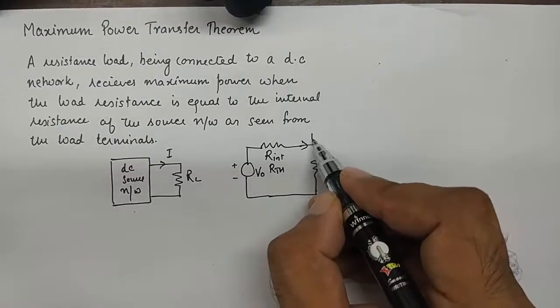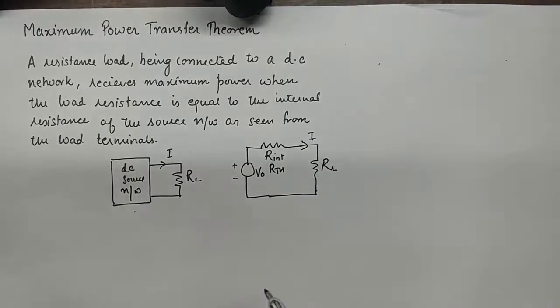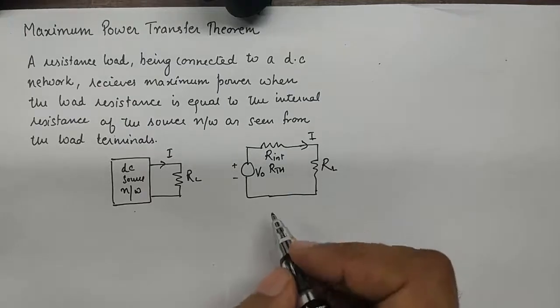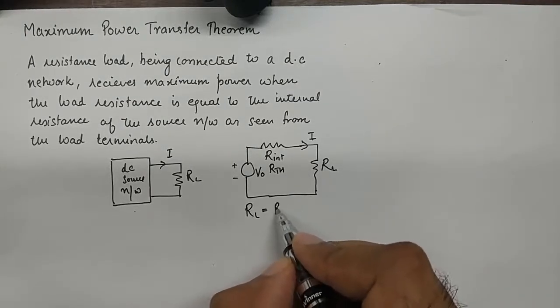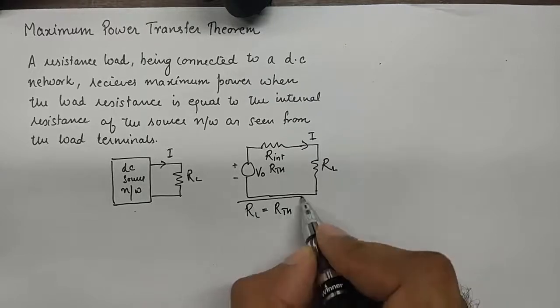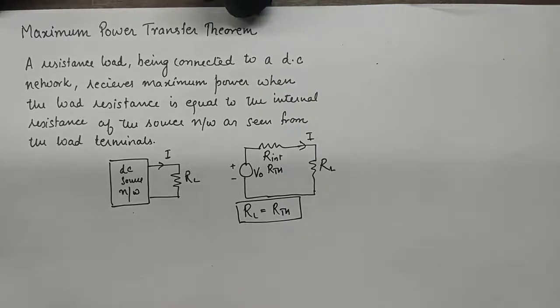Now this RL will attract maximum power at the load if RL is kept equivalent to RTH. This is the maximum power transfer theorem.